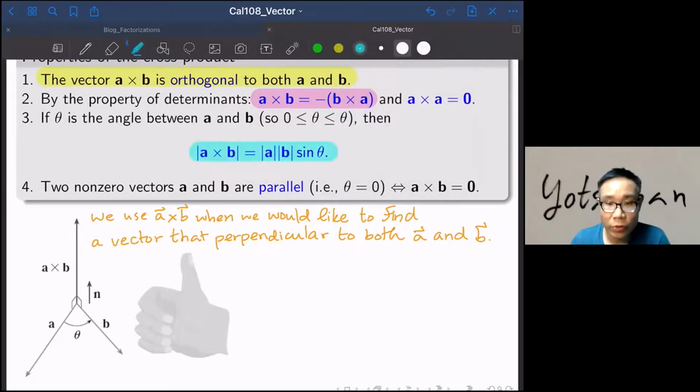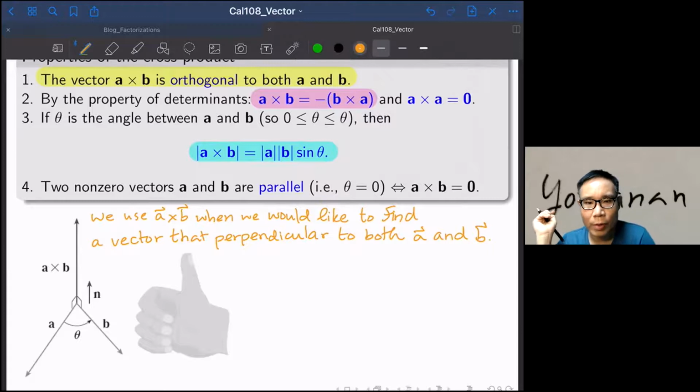If you would like to know, you can study it from the textbook. We don't normally use this one, because if you would like to find the norm of A cross B, you can just find A cross B and take the norm. It would be easier. So that is another way to find the norm of A cross B instead.